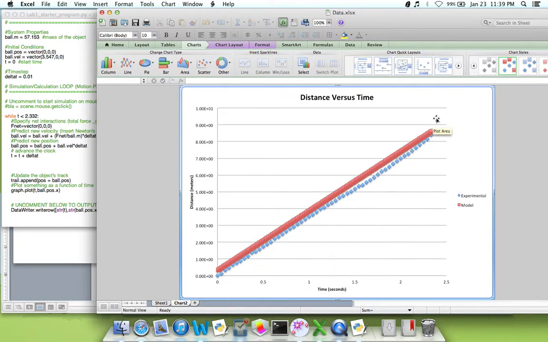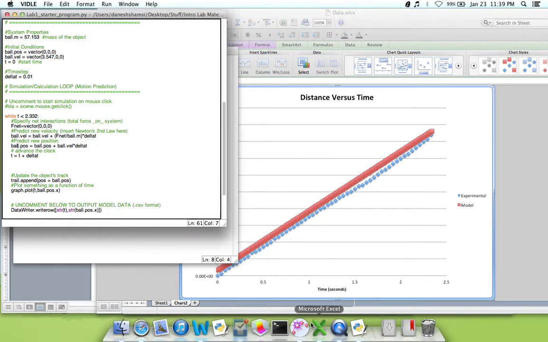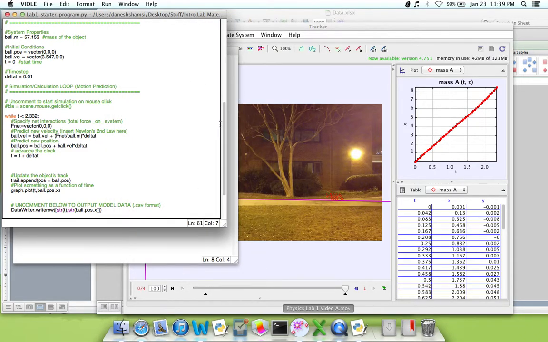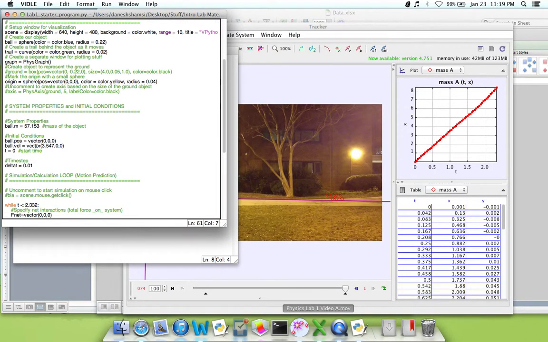Now, the reason why this is going positive is because I selected the origin and the traveling direction so that he was going in the positive x direction. If I were to change this in Tracker, it would have to be changed additionally in the computational model by simply making the velocity negative.